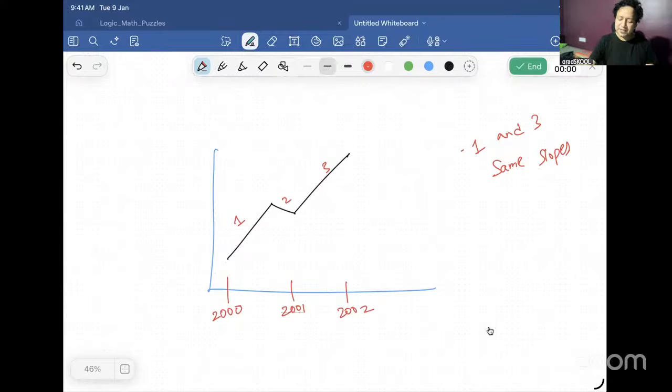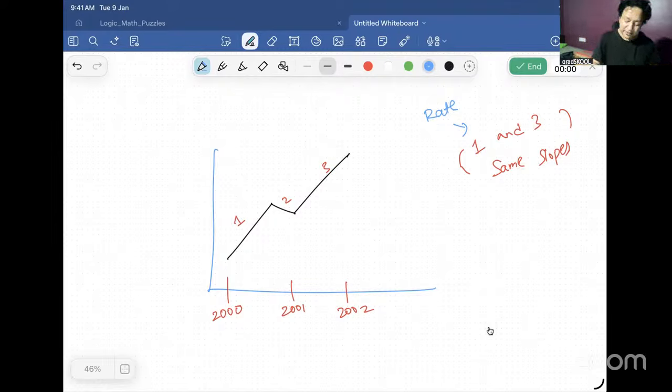So when slopes are same, what is slope essentially? Slope is rate only. Slope is rate. Okay. But the moment we calculate the rate year on year, that means the previous base was also very important. Right. So here, even if it looks like 1 and 3 have the same growth, their rate of growth is not same. Year on year rate of growth is not same.